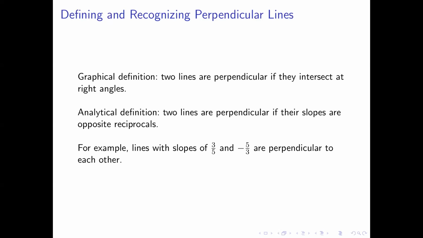But we want opposite reciprocals. Opposite in this case means you stick a negative sign in the front, or if there's already a negative sign, you take it off. So if we have a line with a slope of 3/5 and another line with a slope of -5/3, those two numbers are each other's opposite reciprocals, so the two lines will be perpendicular.